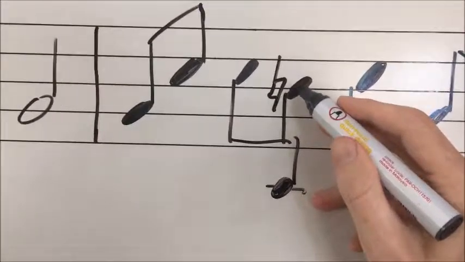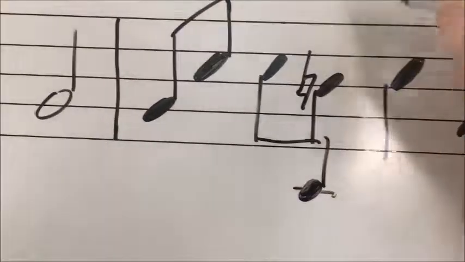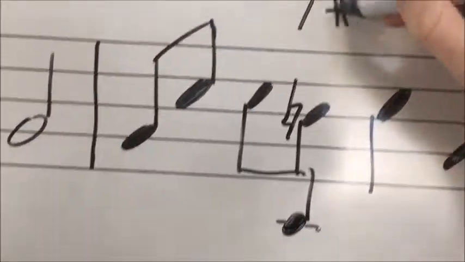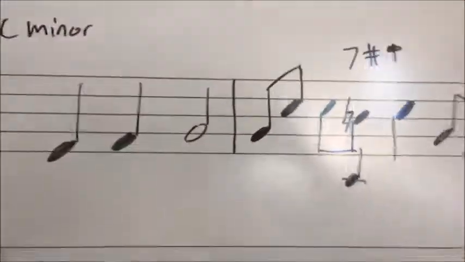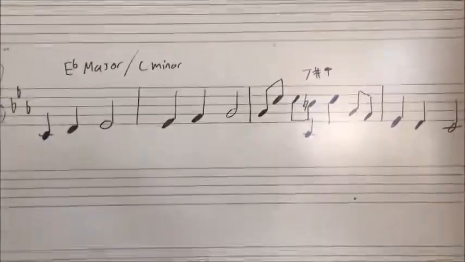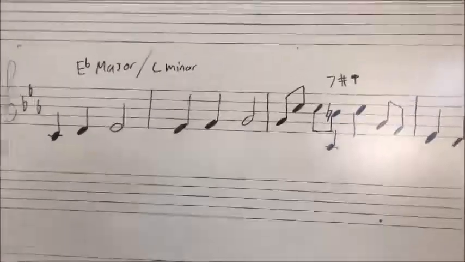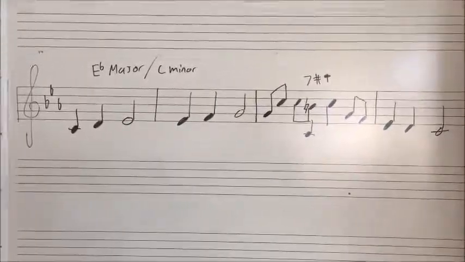So it looks like our 7th note has been raised up by 1 semitone. So we can write that up here. The 7th has been raised by 1 semitone. A minor scale with the 7th raised up 1 semitone is a harmonic minor. So it looks like this piece of music is in C harmonic minor.